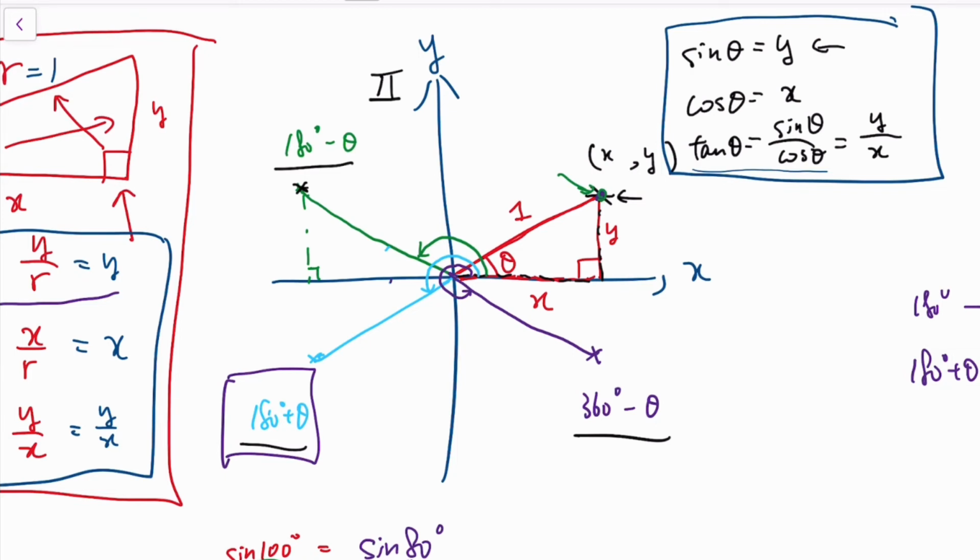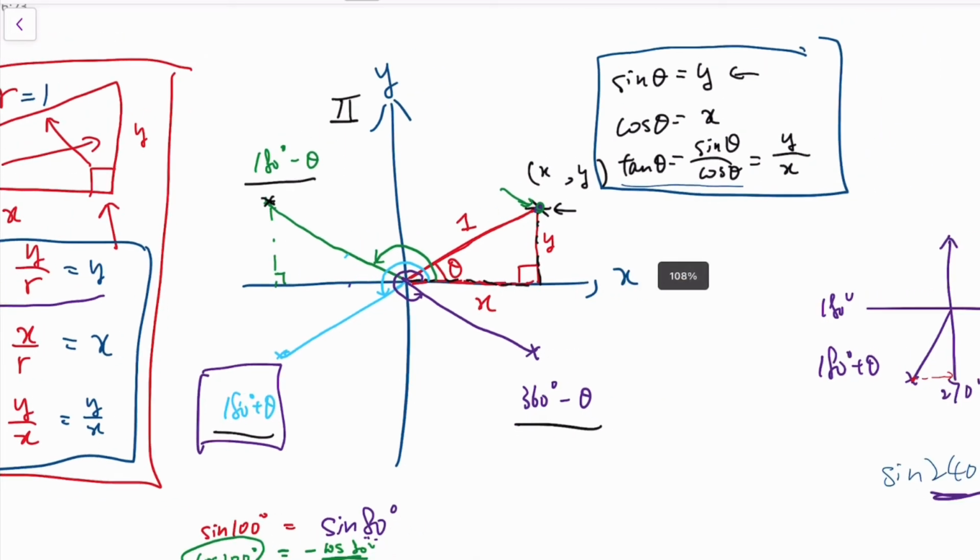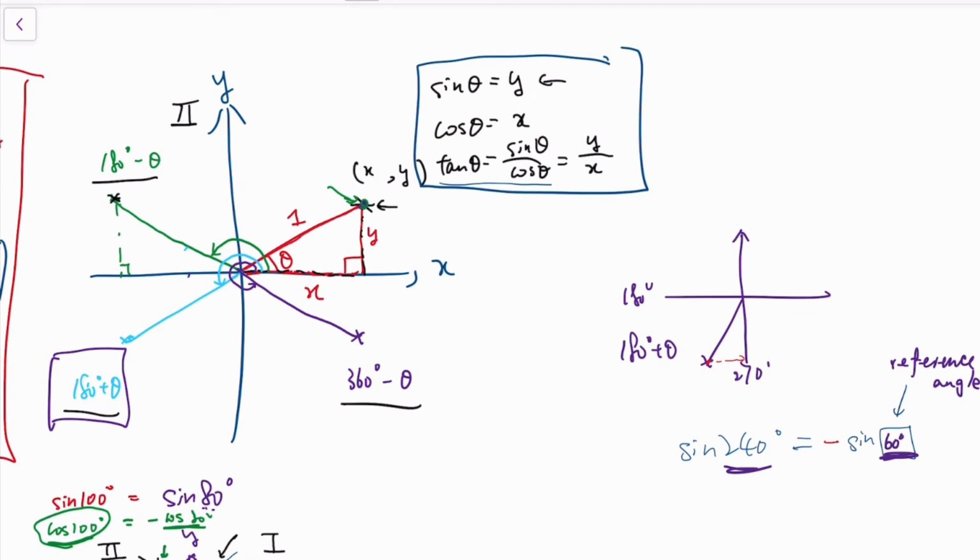Then cosine is the x coordinate, and the x coordinate here should be negative. So let's write that down: in the second quadrant, sine is positive, cosine is negative. And what about tangent? Remember, tangent is sine over cosine, so a positive over negative is negative.